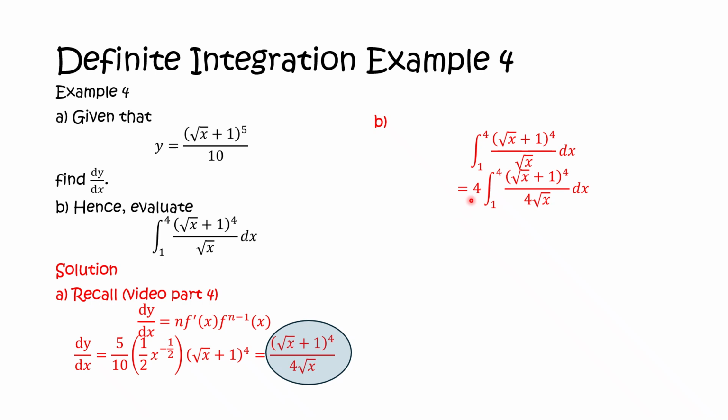So we are saying that 4 divided by 4 would give us a 1, so that we can take out the 4 in the numerator outside of the integration and multiply with the divisor, which is a 4 in this case, so that we end up having something similar to what we obtained in A. Because we have something that is identical to what we obtained in A, we can safely say that that is going to be 4 over 10 times square root of x plus 1 raised to the power 5, because that was the reverse of what we obtained there.